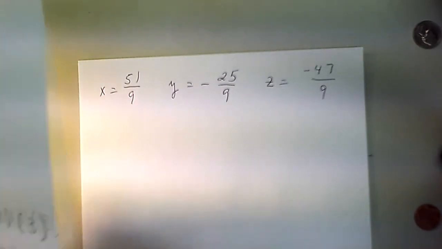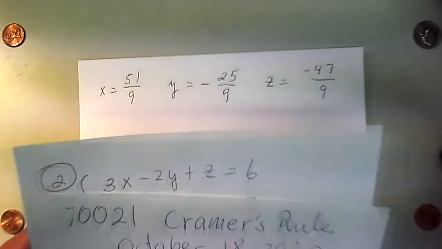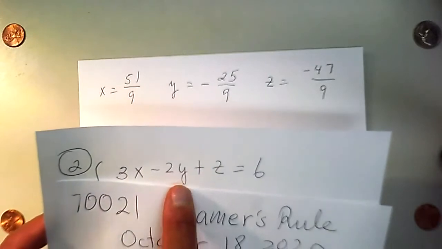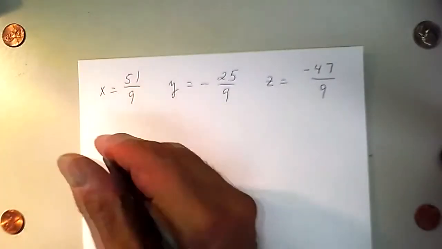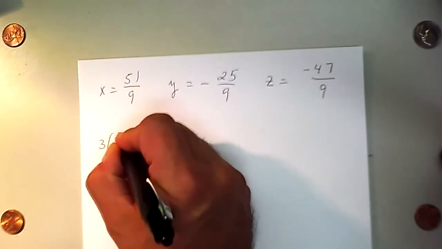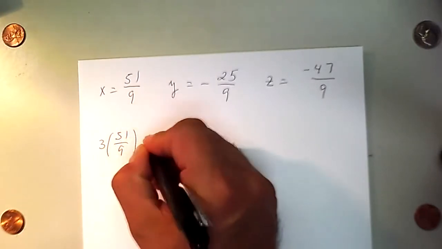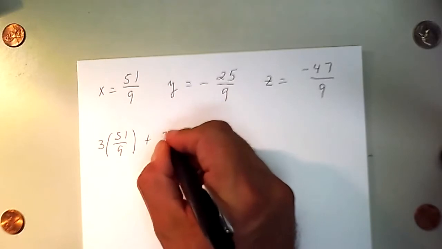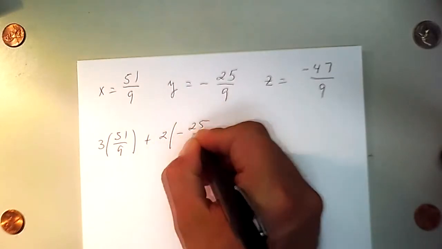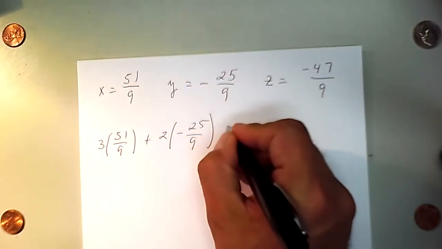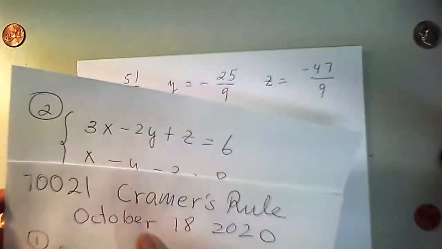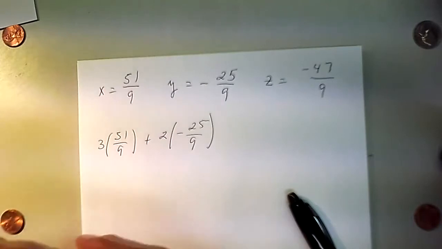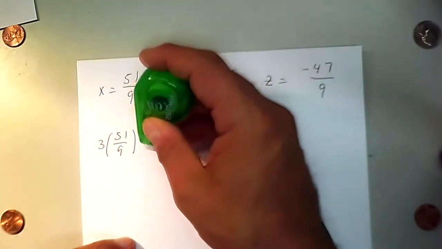Okay, so here we have 3x minus 2y plus 1z. So 3 times 51 over 9, plus 2 of the negative 25 over 9. Did I put plus? Oh, it should be minus, not plus.